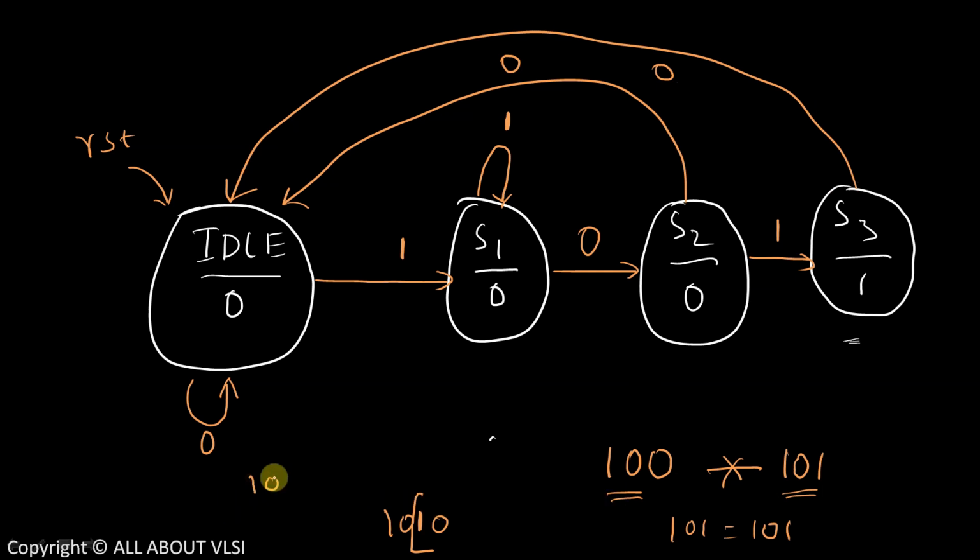We have got the sequence 101, and if we get one more 1, we can use this 1 for building the sequence. We are not considering the previous sequence bit, we are considering the fresh bit only. So that's why we are going to S1 if your input is equal to 1. So this is how we are going to design a Moore non-overlapping sequence detector.